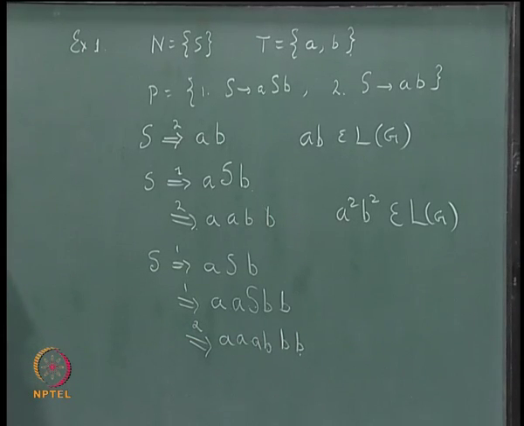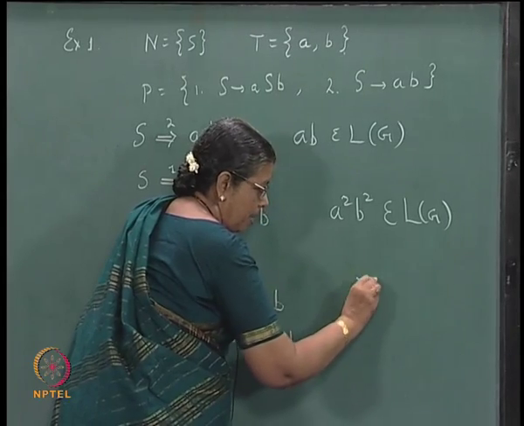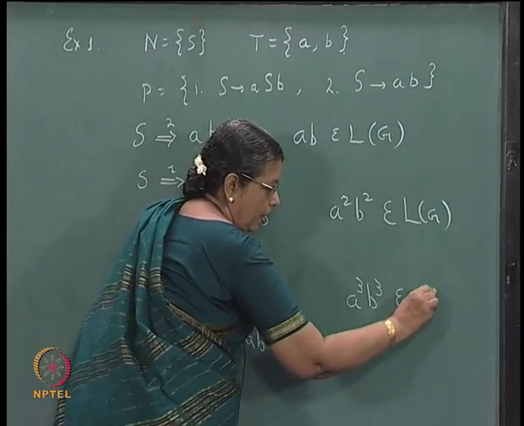This is again another terminal string derivable and it belongs to the language generated. So, you have A cubed B cubed belonging to L(G).